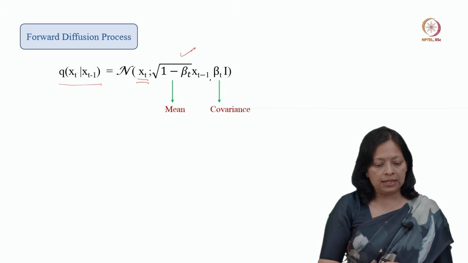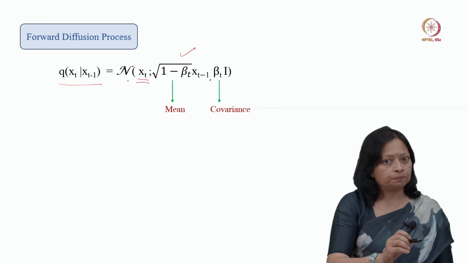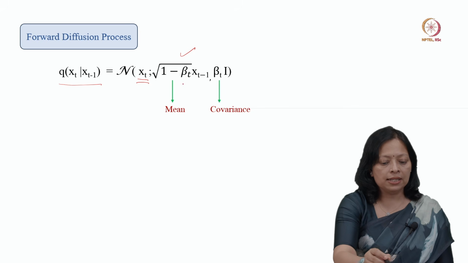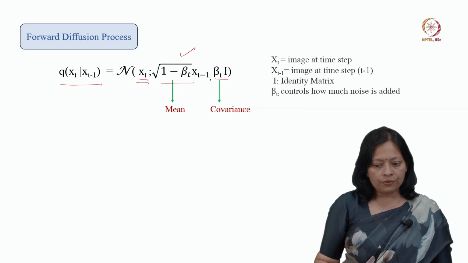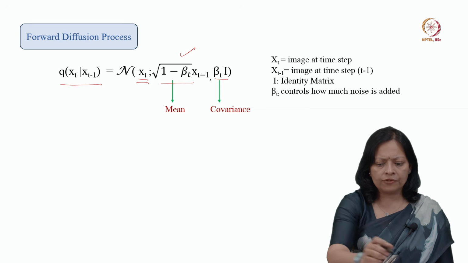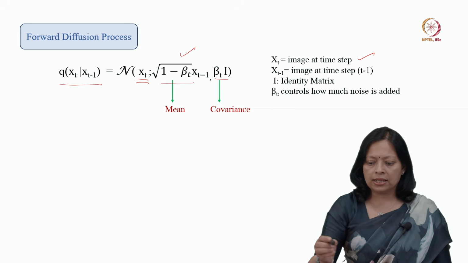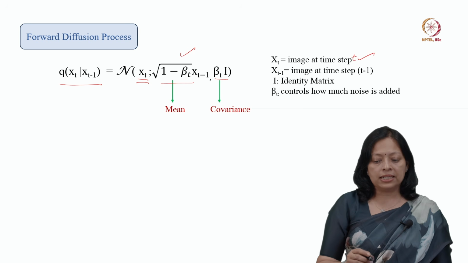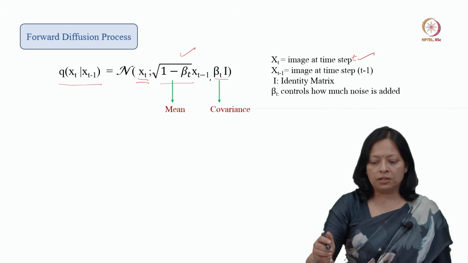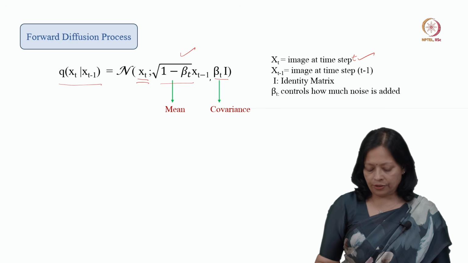This term is the mean, because that is the way we write a Gaussian distribution N of xt. This term becomes the mean and this is the covariance term. Now, xt is the image at time step t, xt minus 1 is the image at time step t minus 1, I is the identity matrix and beta t controls how much noise is added. So, till this one I hope it is clear.